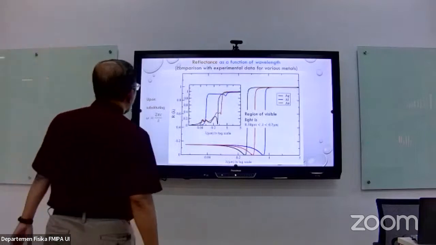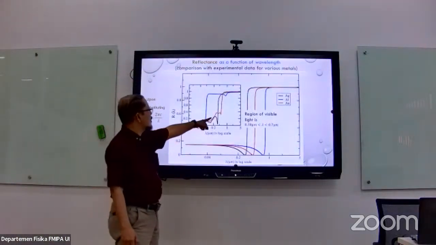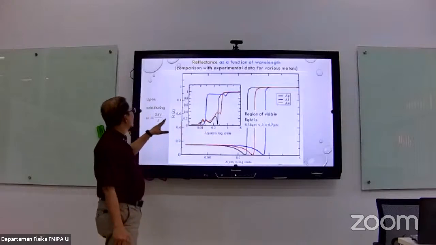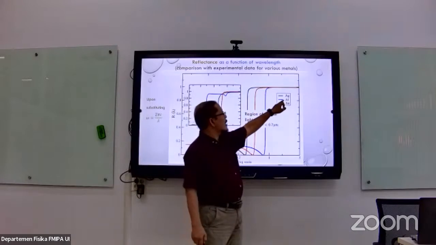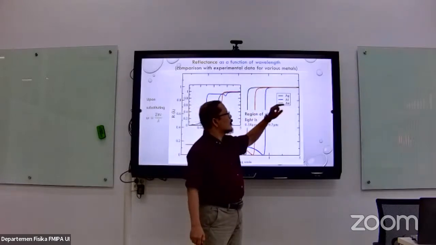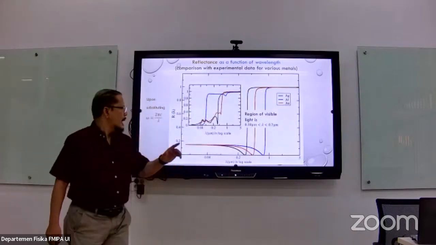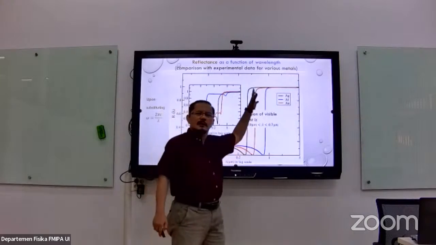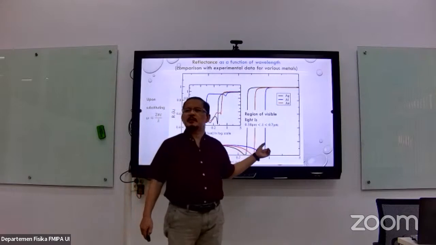Okay, now look at this curve. The ones in the inset are the curves for experimental data for silver, aluminum, and gold. These are experimental data, and this is the model, which is actually from the Drude model, the same formula as before.